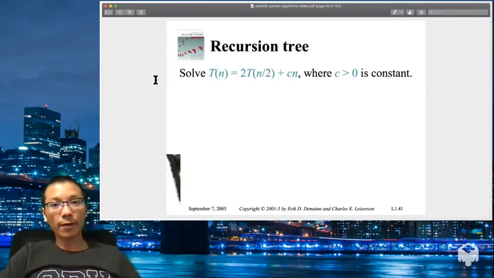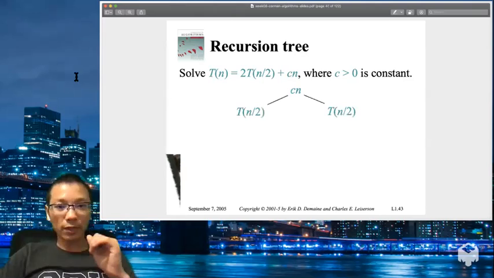It's called a recursion tree in the sense that, just think of the recursive call. Remember, this merge sort function is calling merge sort itself on a smaller input size. So the total time of T of n for the top level n elements, we're going to break down.